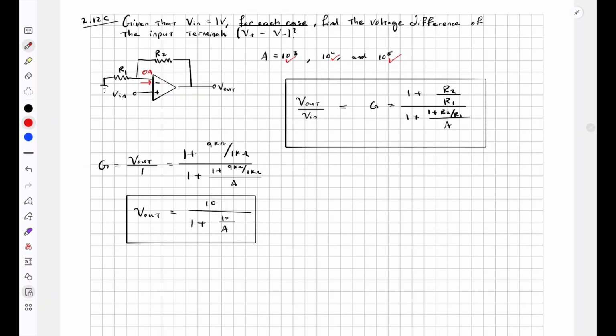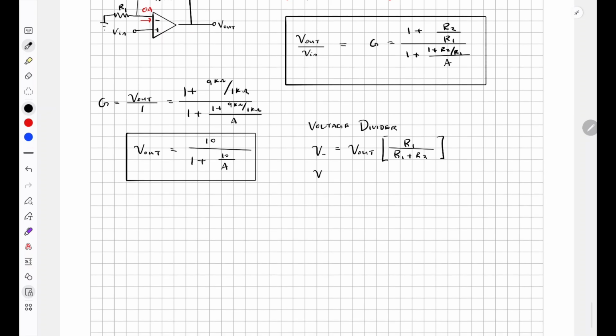So we have a valid voltage divider here, where V minus is the output of the voltage divider. If you recall the formula for a voltage divider, you put the lower resistor in the numerator, and in the denominator you use the summation of the two resistors in series.